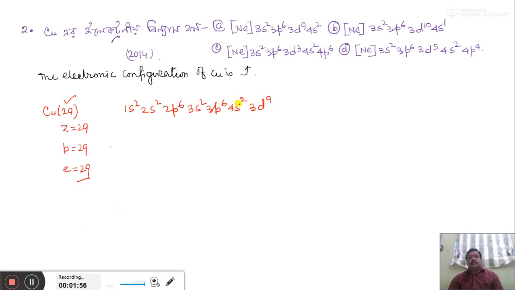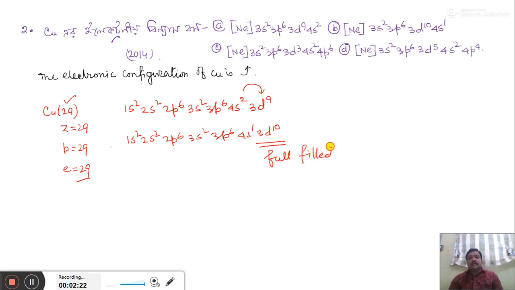But here one electron from the 4s subshell is transferred to the 3d subshell, and the actual correct electronic configuration will be 1s2 2s2 2p6 3s2 3p6 4s1 3d10. In this case the 3d subshell is fully filled, so it is very stable.